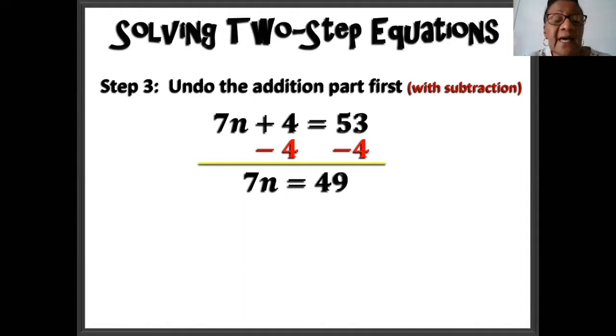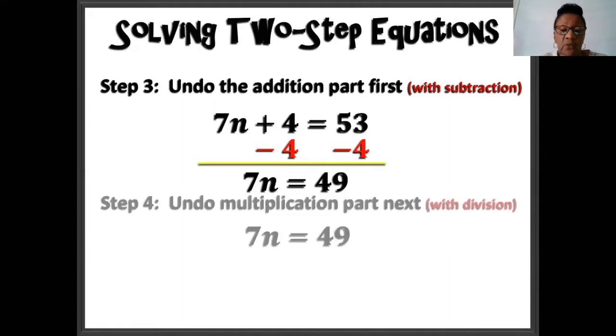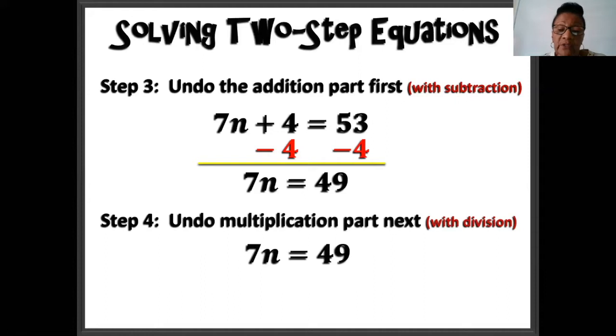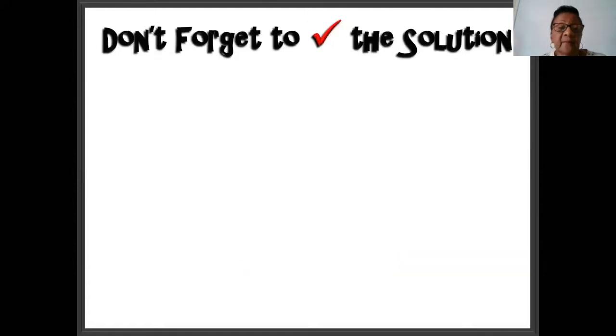Is it familiar now? What do we have now? We have multiplication. So what do we do? We undo the multiplication part by using division, and we divide both sides by 7. And so n is equal to 7.